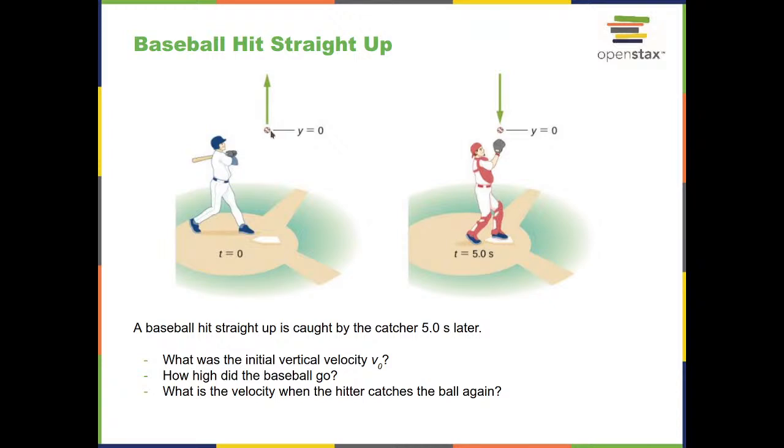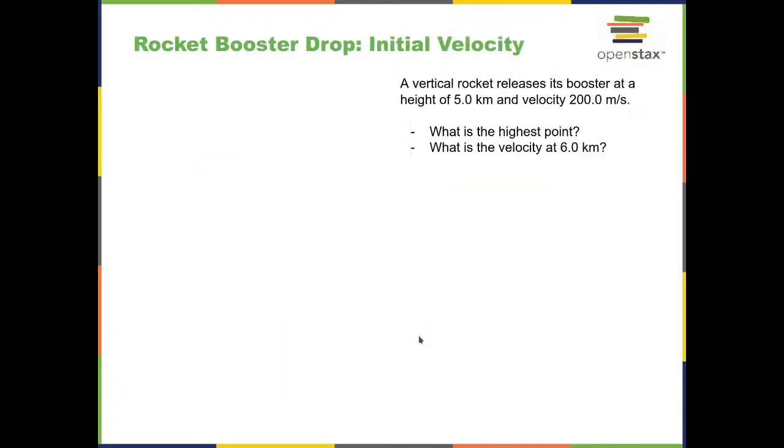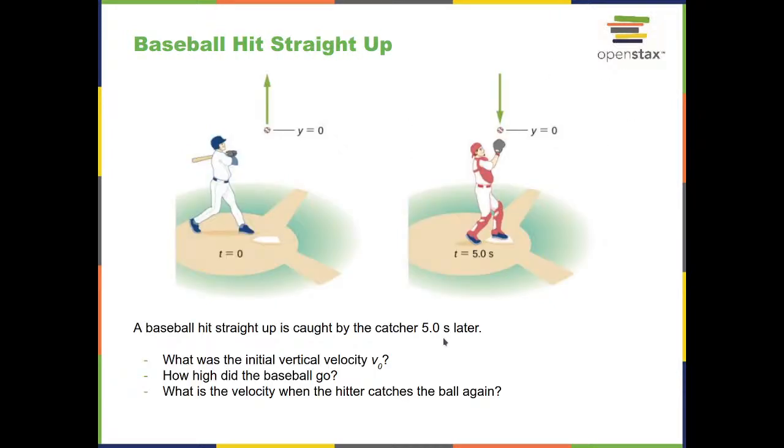We're starting at y equals 0. The ball goes straight up, and the ball comes down exactly 5 seconds later, and the hitter catches it. So the question is, what is the initial vertical velocity? And another question is, how high did the baseball go in that time?